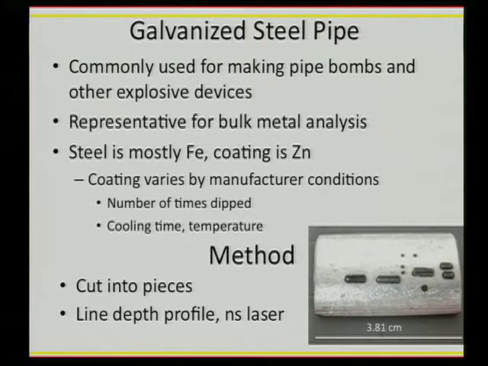And what you'll see in the next slide is basically as we ablate a line, we'll ablate over the same line again and again. And so you'll see as we go down deeper into this trench, we can look and see what are the major components of this pipe.